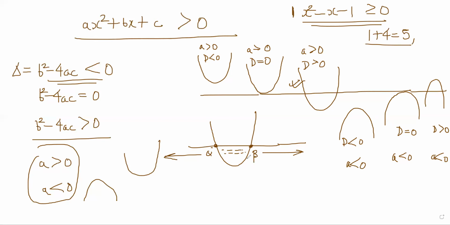Beyond it, it's just positive. So if there is a quadratic expression and some inequality, a good idea would be to try to draw the graph and then figure out from there how to solve it, right?